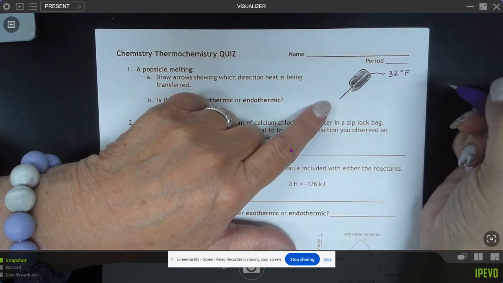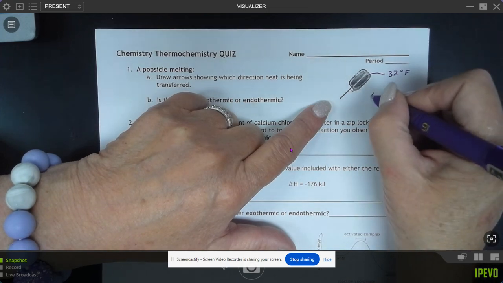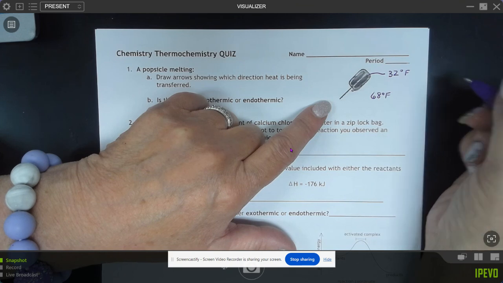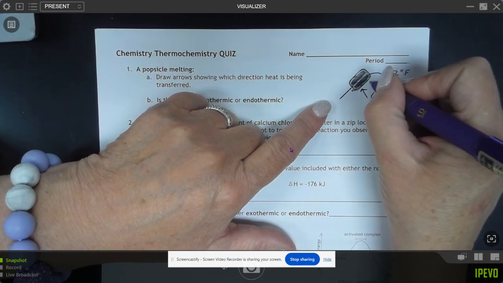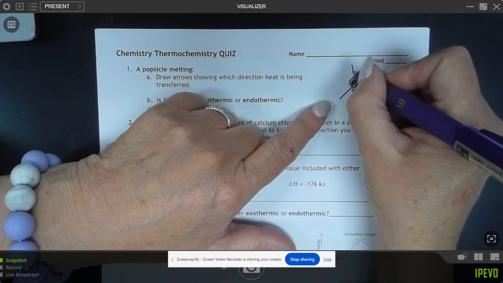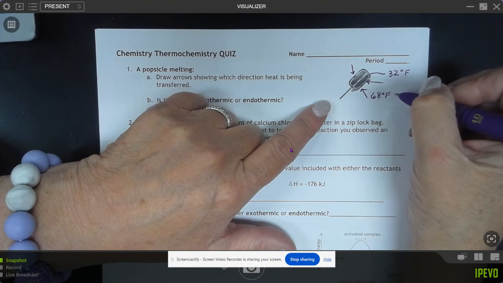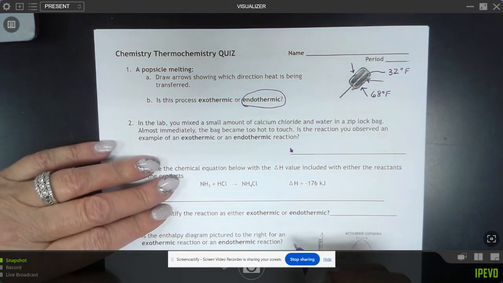The air in the room, if you're in my house, the thermostat's set at about 68 degrees Fahrenheit. So the energy, the heat, is going to go from the room into the popsicle. Heat is going to be absorbed, causing the popsicle to melt. That makes this endothermic because heat's being absorbed.